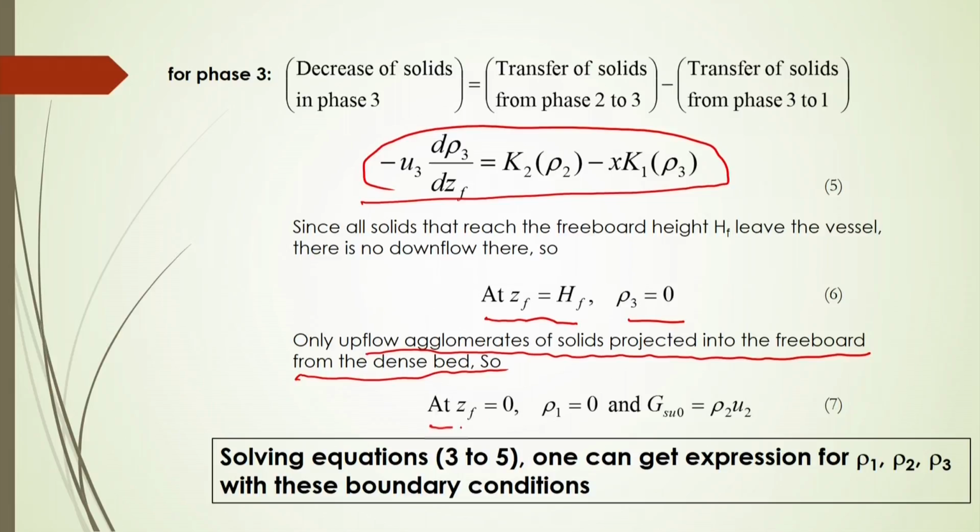So, you can write that at ZF equal to 0, rho 1 should be 0, and the initial mass flux of the solids, that is upward, will be equal to only u 2 into rho 2. Now, solving equations 3 to 5, one can get expressions for rho 1, rho 2 and rho 3 with these boundary conditions.